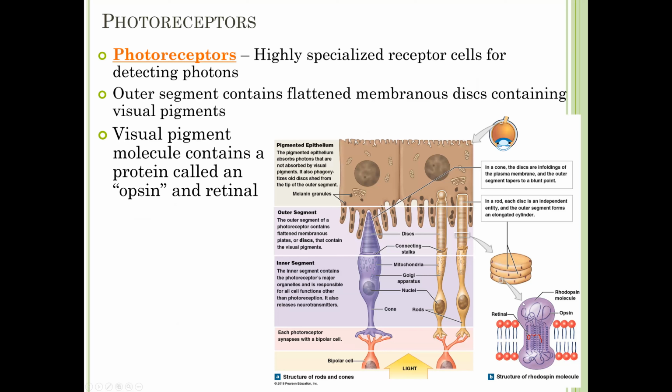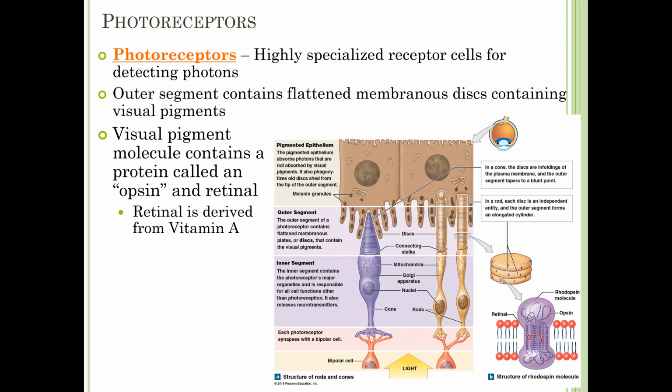So that's the name of that overall protein. And then in the middle of the opsin is a molecule called retinol. And retinol is derived from vitamin A, and vitamin A is high in foods like carrots, which is why you've probably grown up hearing that carrots are good for your eyes.